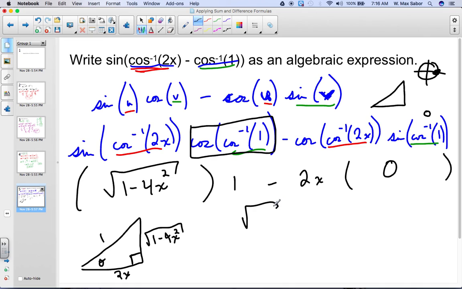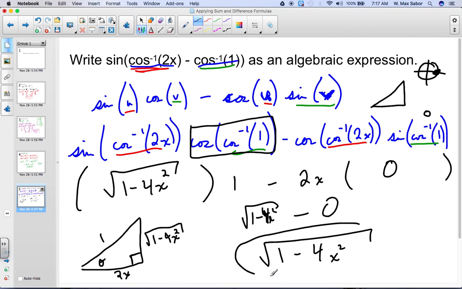Well, that's just the same radical. This is 0. So we are left with our answer as square root of 1 minus 4x squared. Please don't try to square root those two things separately. You cannot do that. That's how we apply our sum and difference formulas.